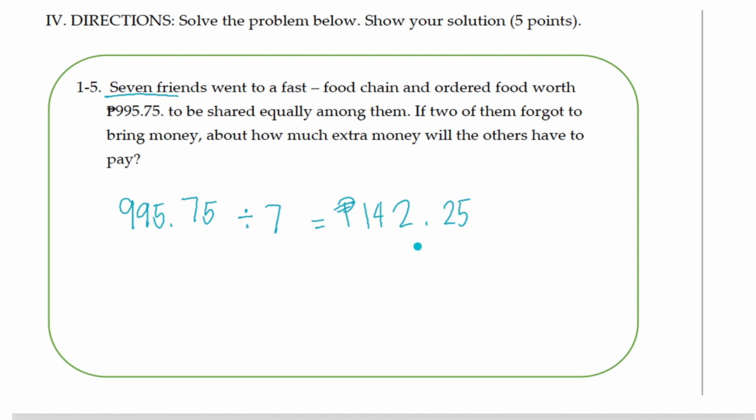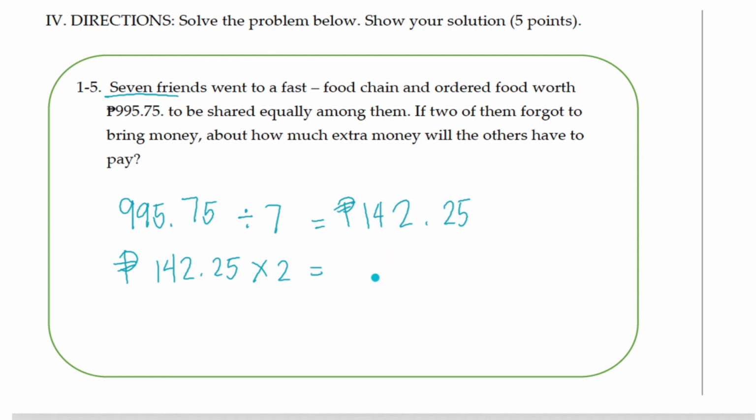So, ito yung amount na paghahatian nila if and only if all of them bring their money. Since merong dalawang hindi makakapagbayad, ang gagawin natin, i-multiply natin ngayon to sa 2. Bakit natin siya i-multiply sa 2? Because this is the amount na paghahatian ng 5 friends. So, we have 142.25 times 2.